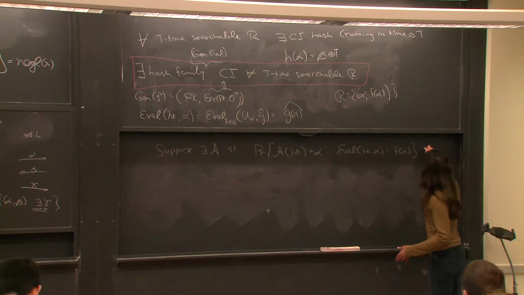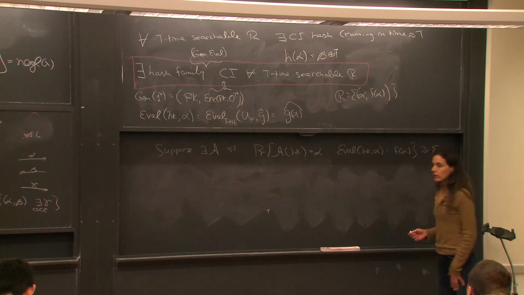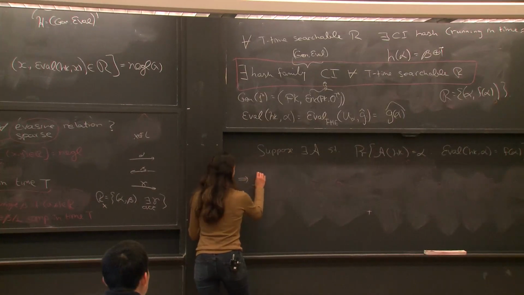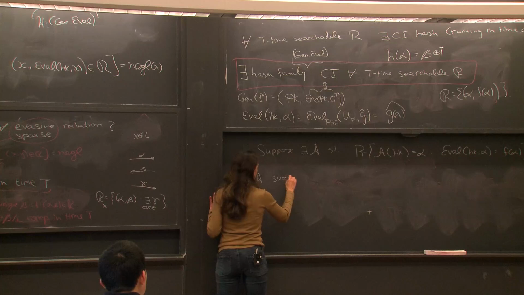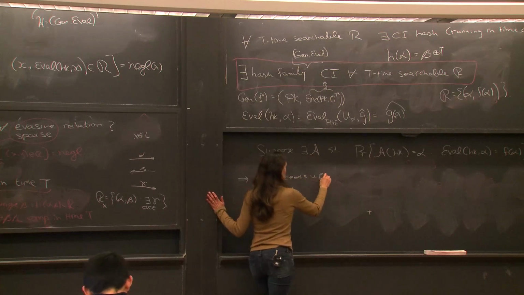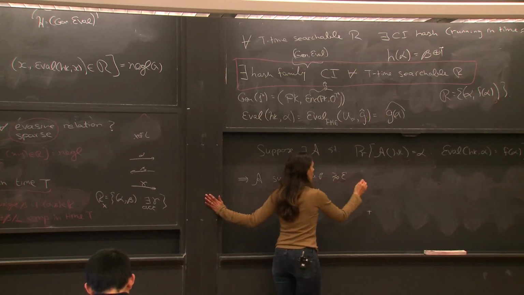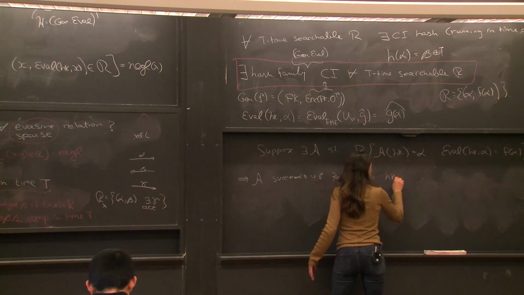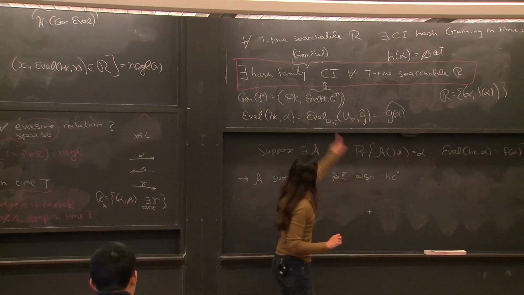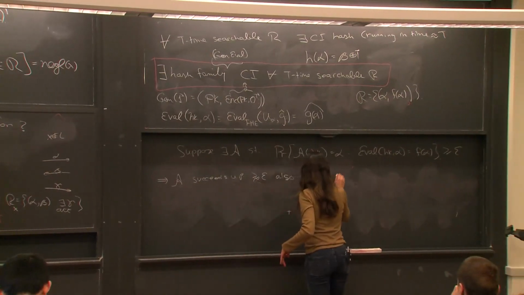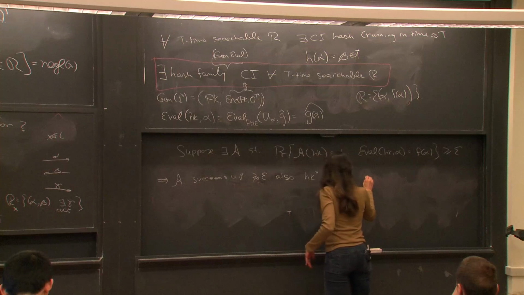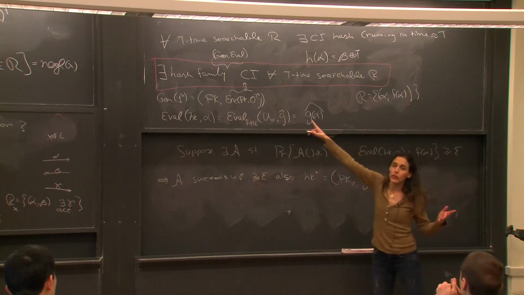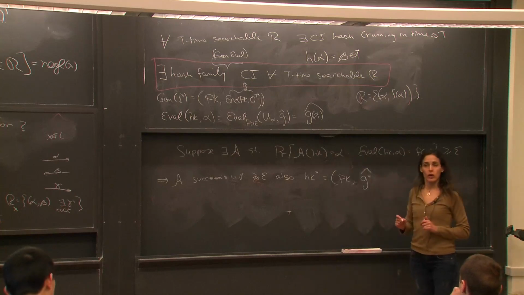If you can do that with probability greater than some epsilon, then I claim A also succeeds with probability close to epsilon, by semantic security, with hk star, a different hk. What is hk star? It generates the same public key, but it generates an encryption of G star, not of G. Here I encrypted all 0; G was all 0. Now I encrypt a new G, a G star.